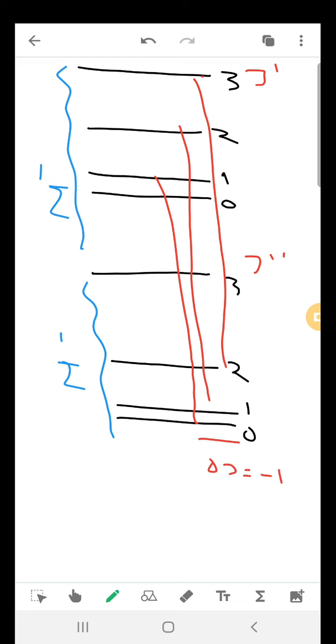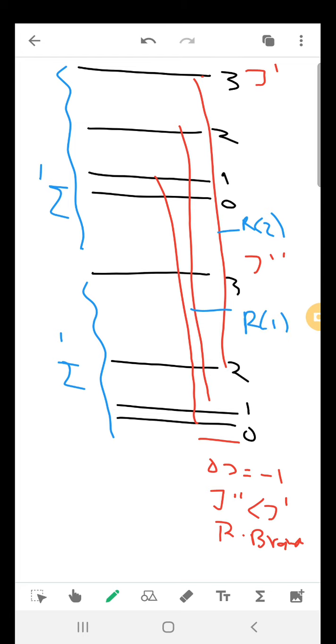That means J'' is less than J', and this is called the R branch. And the lines can be named as R2 line, because the final one is 2, R1 line, and R0 line.